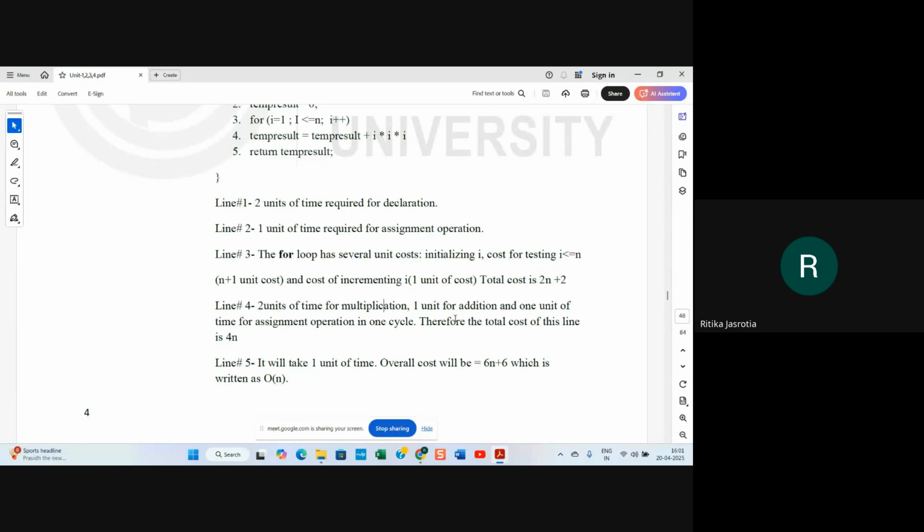Now the overall cost, how much will it be? So it is 4n plus n plus 2, plus 3, that is n plus 5 plus 4n.